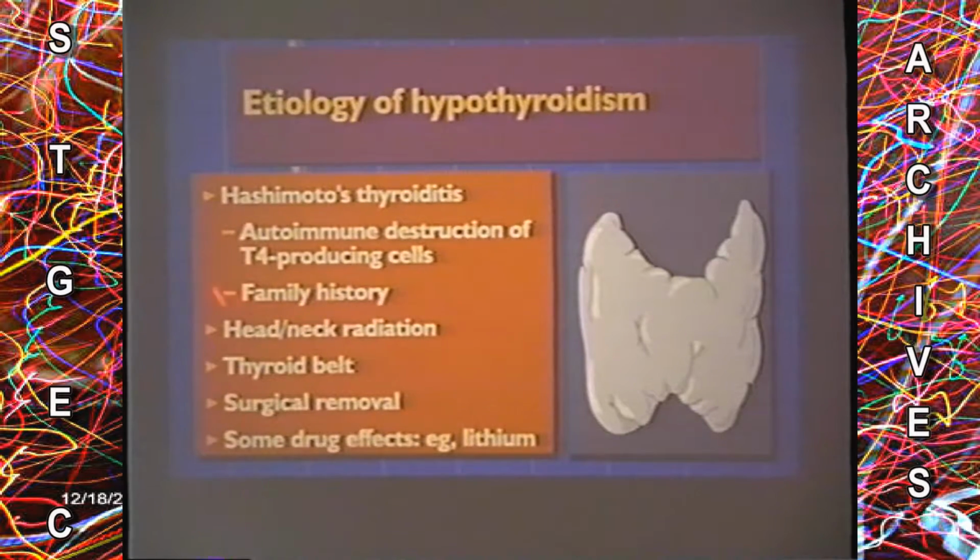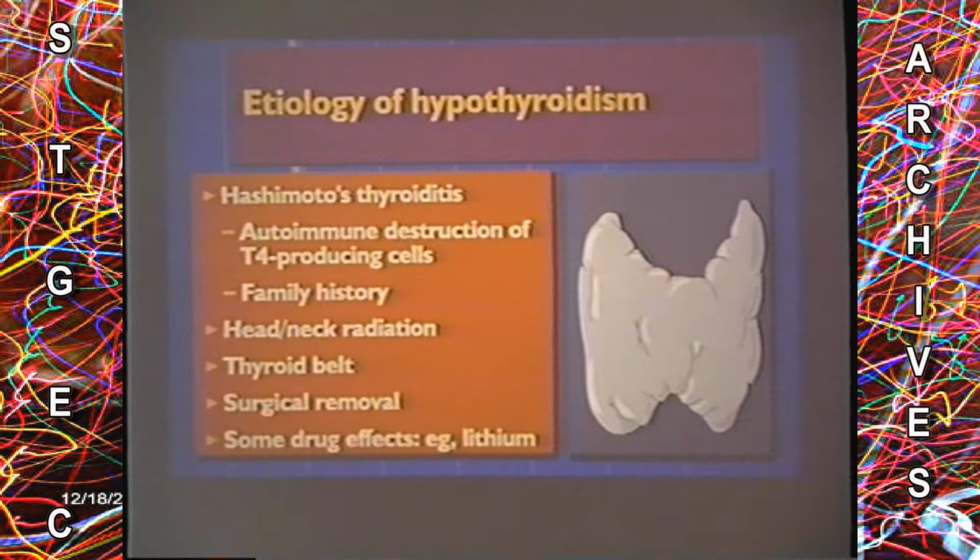You can also have head and neck radiation, endemic areas, iodine deficiency, if they've had surgery, or certain drugs. Patients who are on lithium, so in your psychiatric unit, or if they have bipolar disorders, this is a strong predisposing factor for causing hypothyroidism. Another drug, patients with underlying heart disease or older patients who have atrial fibrillation.